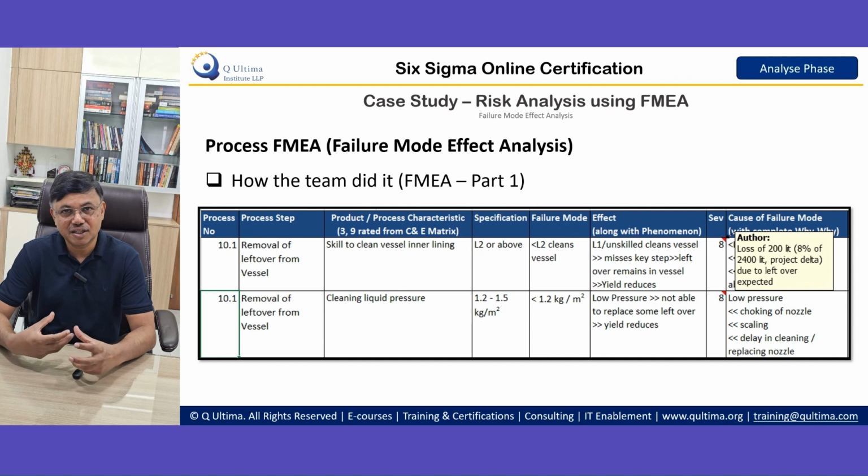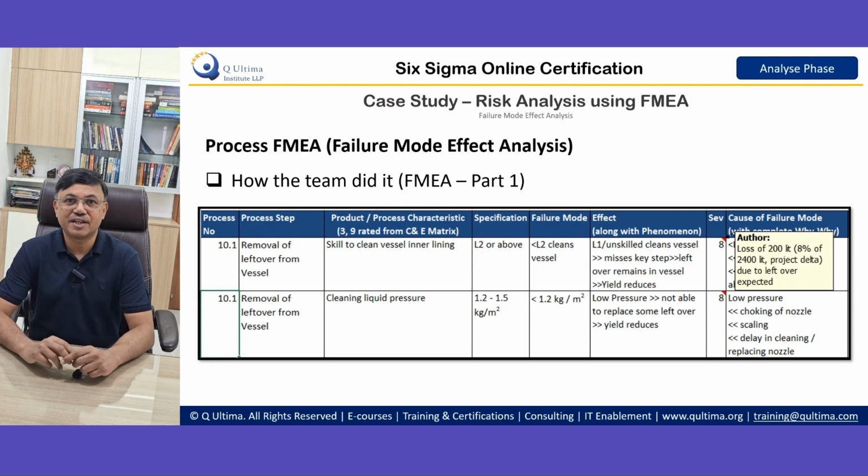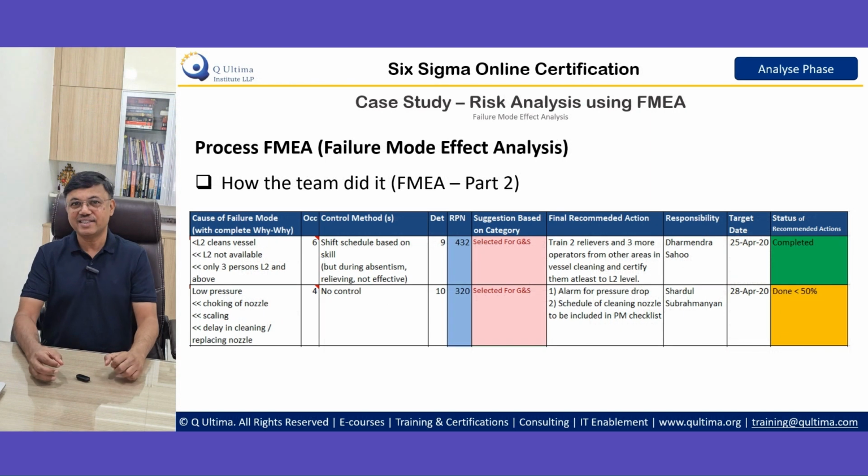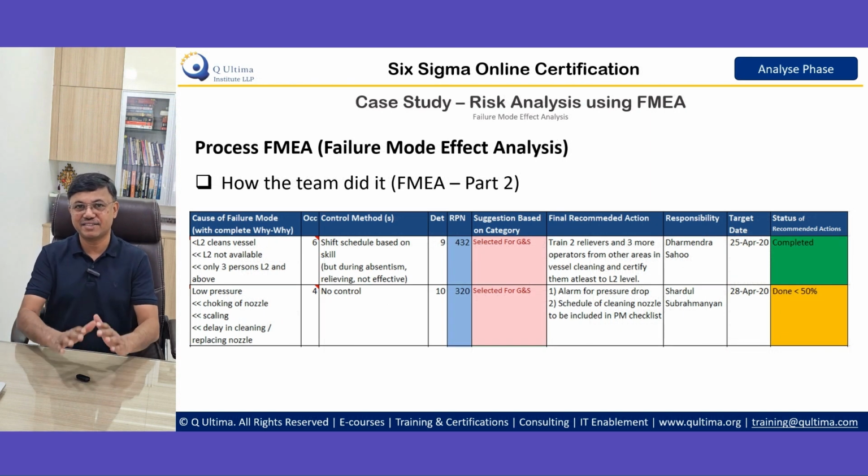This way, the team keeps on understanding the effect, quantifying it, and giving the rating according to the quantification of the impact. Once the team has finalized its severity rating, it now starts exploring the causes of failure mode.